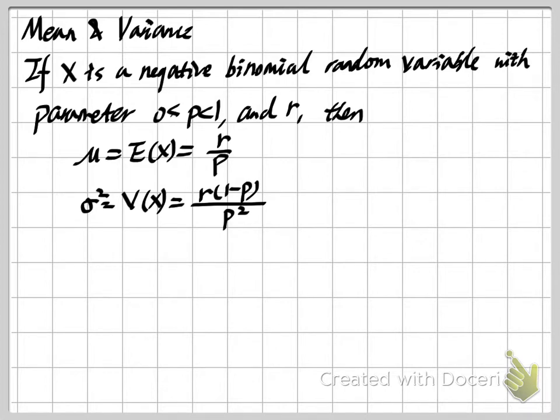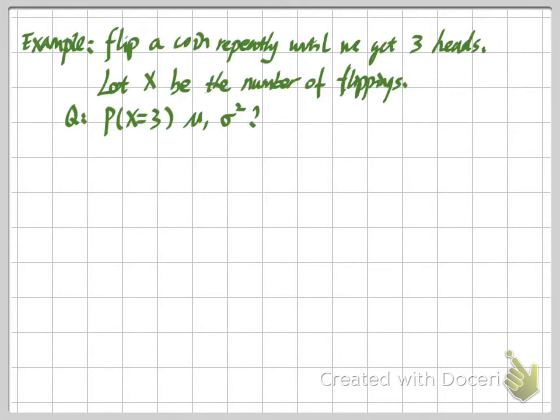Okay, so now let me give a quick example about this part to explain how we can use the idea of the negative binomial distribution to compute some important quantities. So let's look at this example. Assume we flip a coin repeatedly until we get 3 heads.